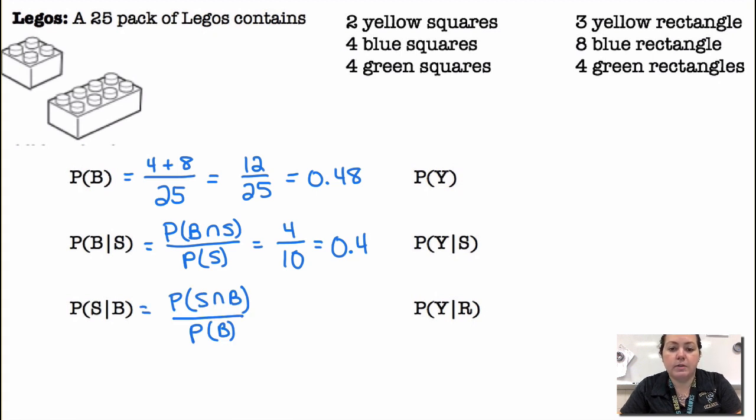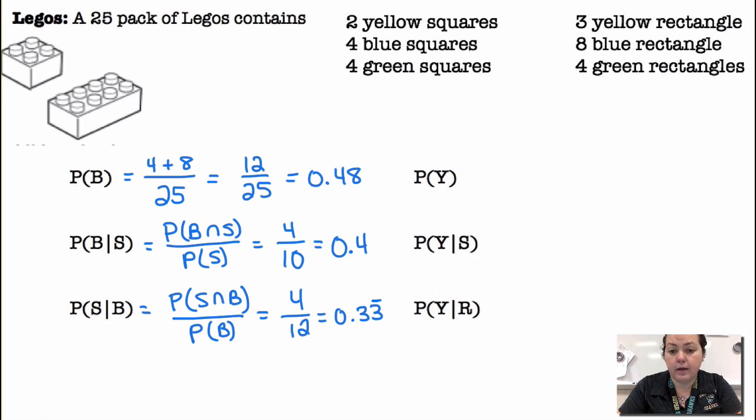I'm just using my formula and replacing the letters A and B with S and B. Everywhere an A was, I'm replacing it with an S. Everywhere a B was, I'm replacing it with a B. So the probability of S and B, I have 4 blue squares divided by the probability of blue. I have 12 blues, so 4 out of 12 is 0.3 repeating.